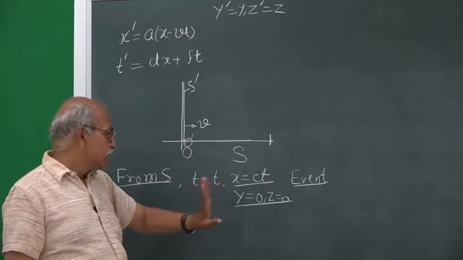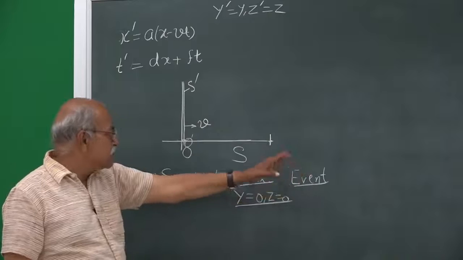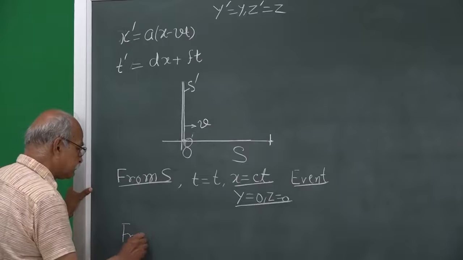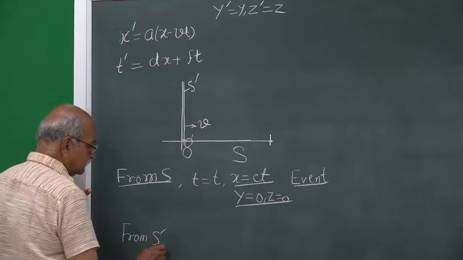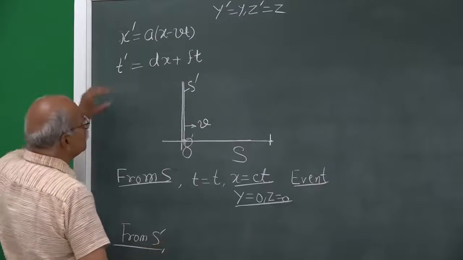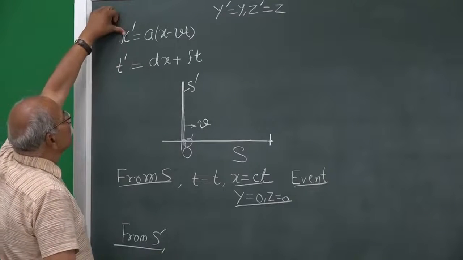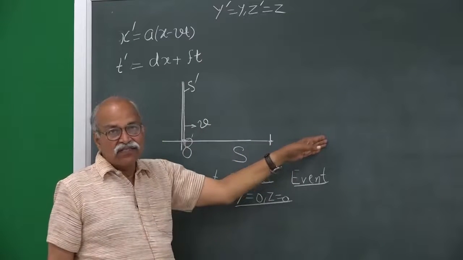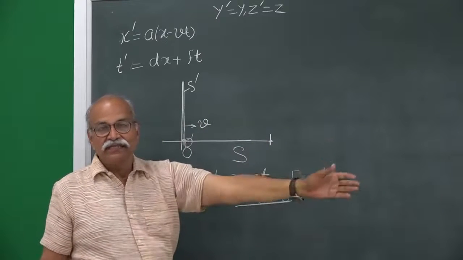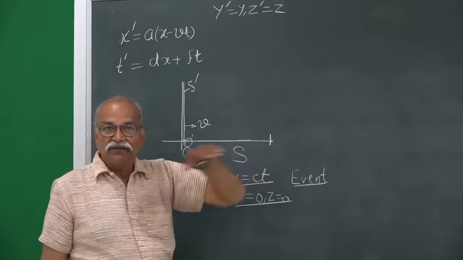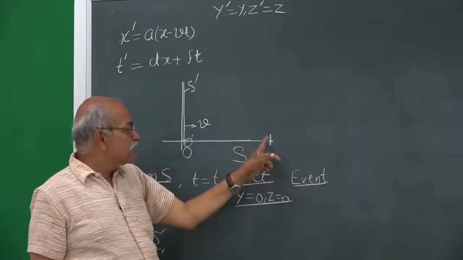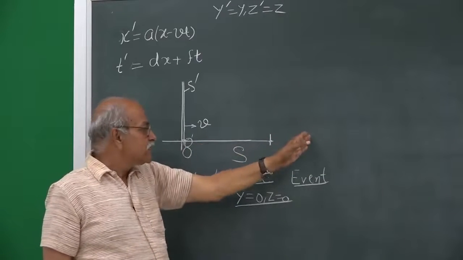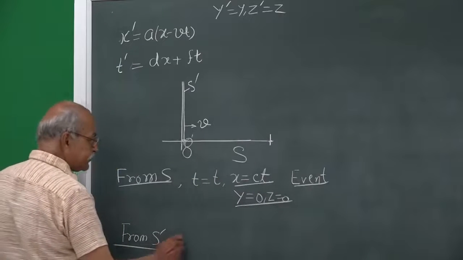Now, if the same event is seen from S prime, we use the transformation equations. From S prime also, this particular event is on the x axis, because x axis and x prime axis are on the same line. So, this event has taken place on the x prime axis, y prime is 0, z prime is 0.